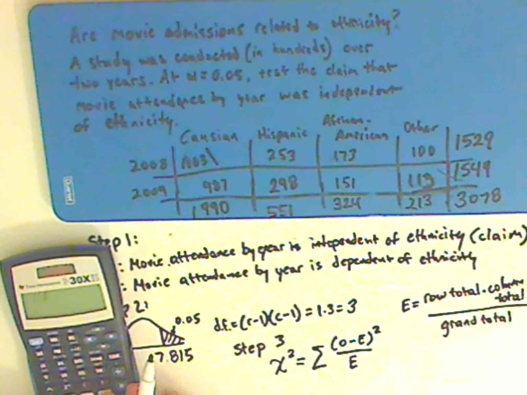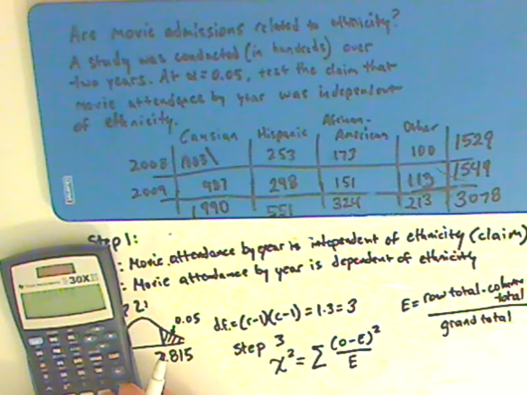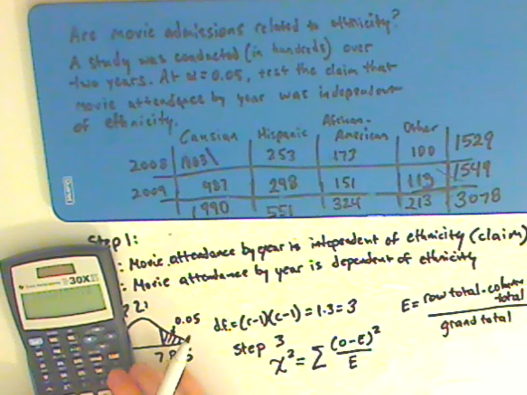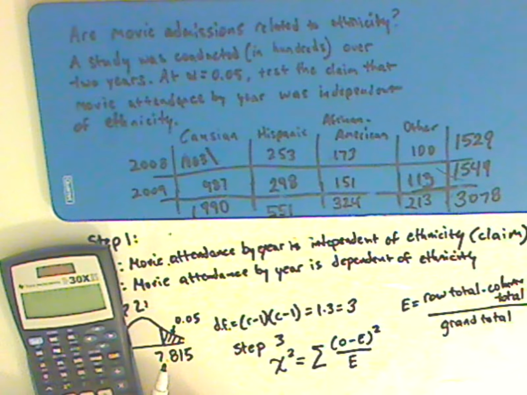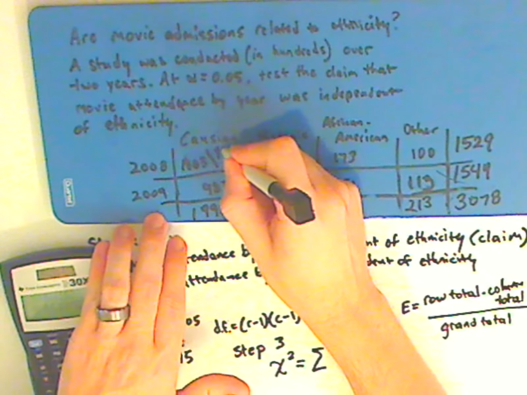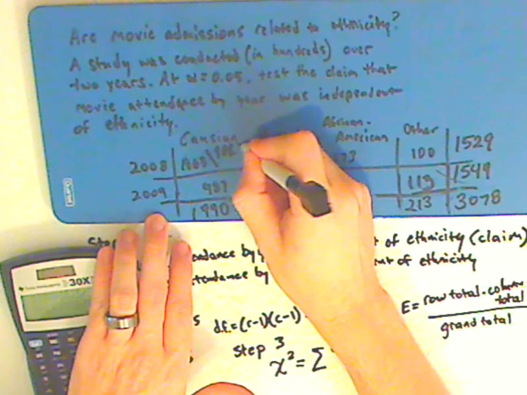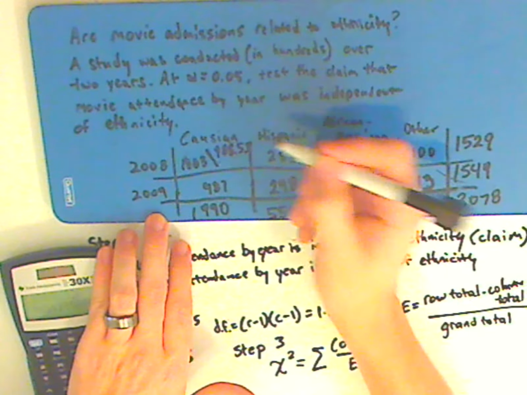So that'd be 1990 times 1529 divided by 3078 gives me 988.53.